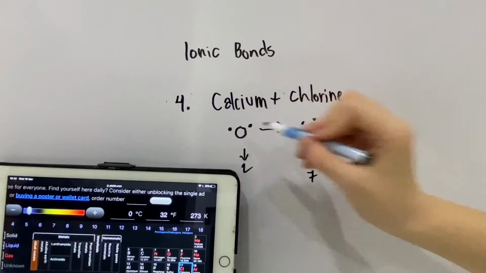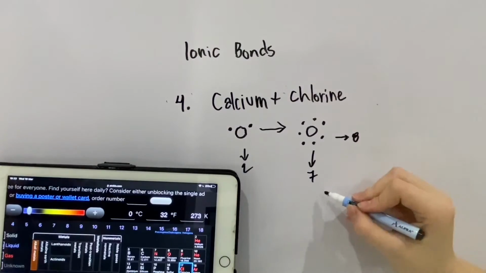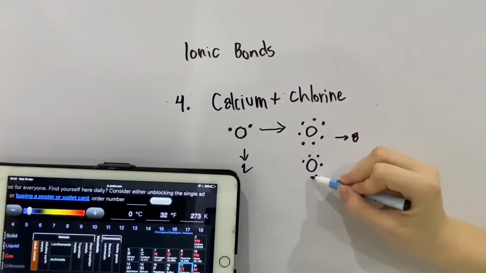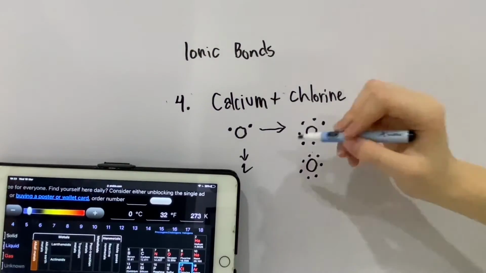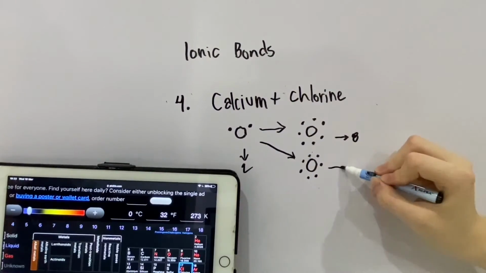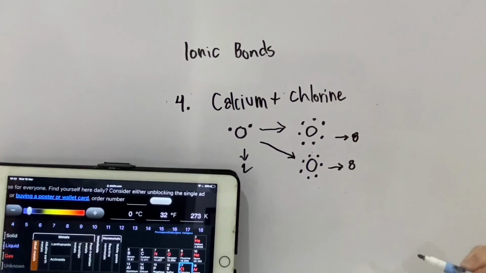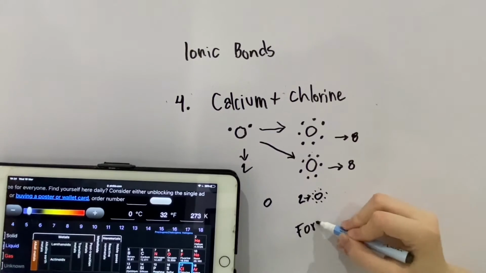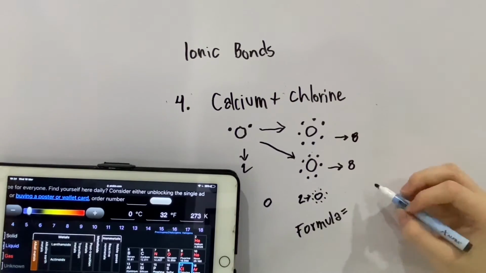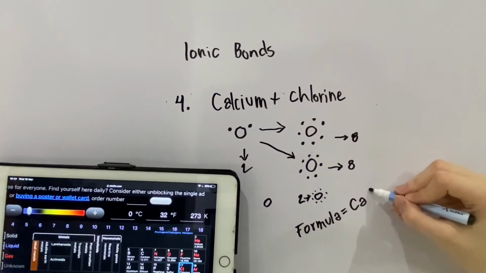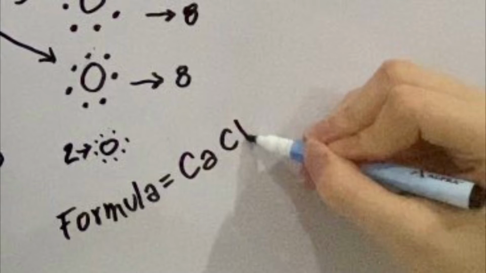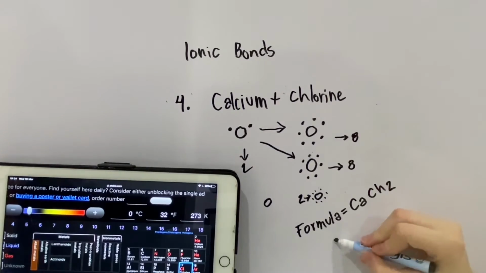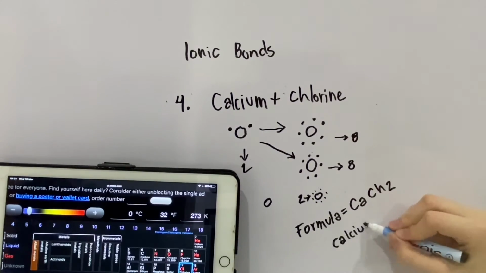Since chlorine only needs 1 electron from calcium, we have to add another chlorine with 7 so that calcium can pass that other 1 electron he has left, and the other chlorine can have 8 as well, meaning we will have this other representation, and the formula for this will be CaCl2, sorry about the confusion, and the name will be calcium chloride.